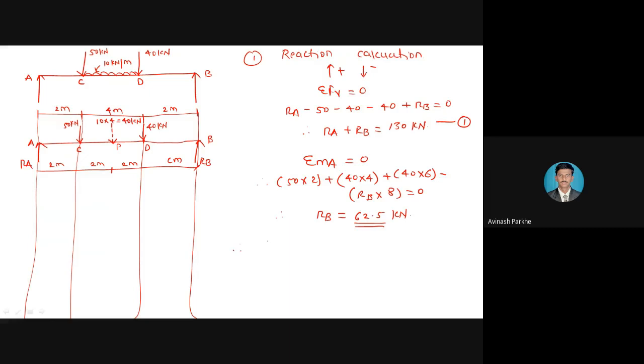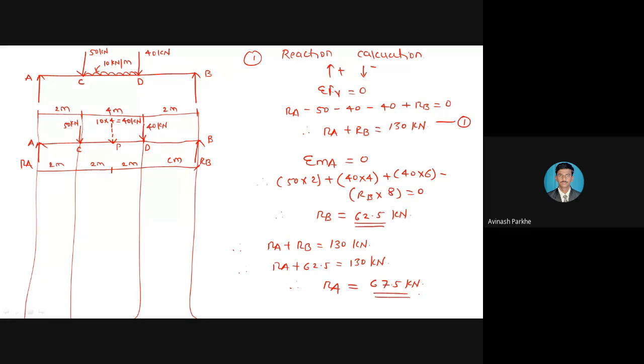Now we have the second formula. RA plus RB is equal to 130 kilonewton. Therefore, RA plus 62.5 is equal to 130 kilonewton. What is the value of RA then? 67.5 kilonewton.